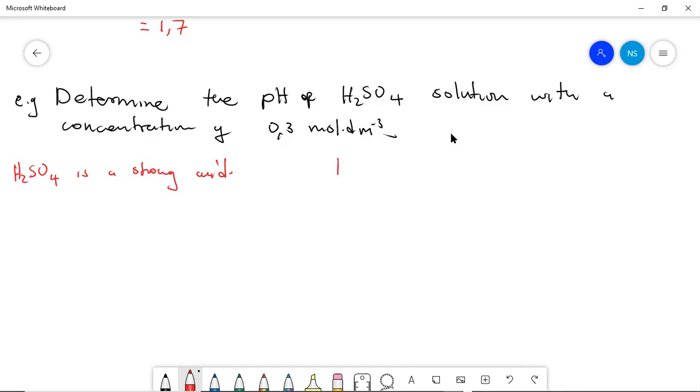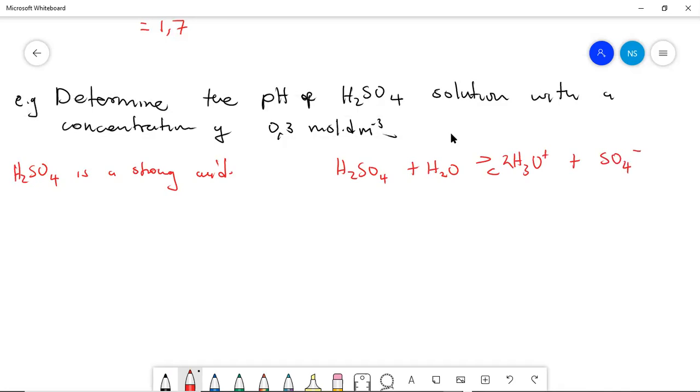So it's H2SO4 plus H2O, which will give us, so remember, H2SO4 is diprotic, right? So it's going to form 2 hydronium ions, and then plus SO4 minus.